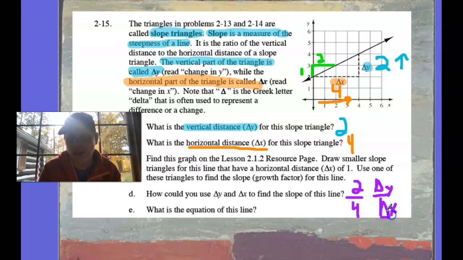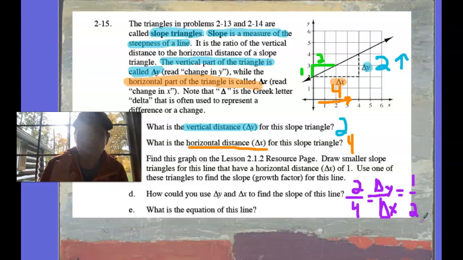I like to call it rise over run. Then we're also going to write this as 1 over 2. If you connect all those ideas together, you go, oh yeah, 2 over 4 does equal 1/2. That is the simplified fraction, and that is our slope, growth, or what we call steepness of this increasing line.